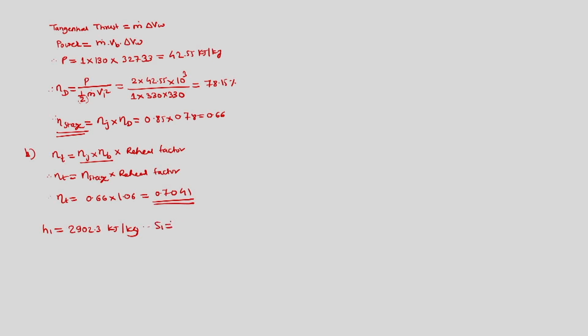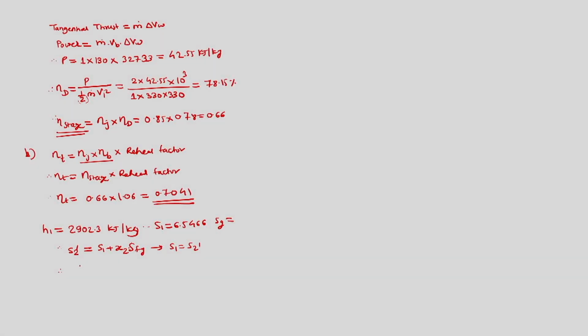Similarly, we will also note down the entropy at the same location, which is 6.5466, and Sg corresponding to the same saturation pressure we can find out from the steam table, and then we can say that S2 is equal to S1 basically plus X into SFG, and from here we need S1 is equal to S2 dash.